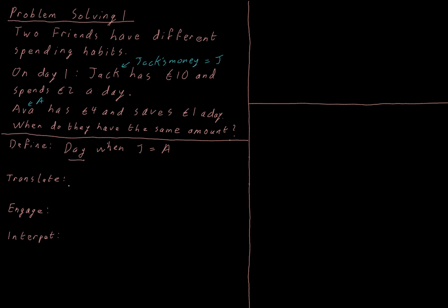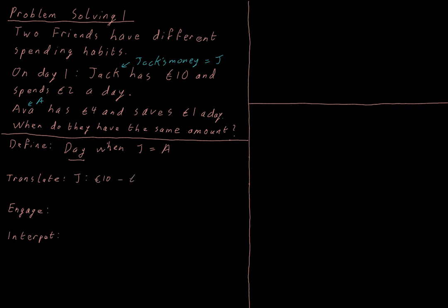So how can I translate this? Well, that means take the English that I've got here and can I turn it into more concrete mathematical things that I know about? Well, I know the money that Jack has, I've called J, and the money that Ava has, I've called A. So how does Jack's money work? If we take Jack's money first, he starts with €10, and then each day we take away €2.